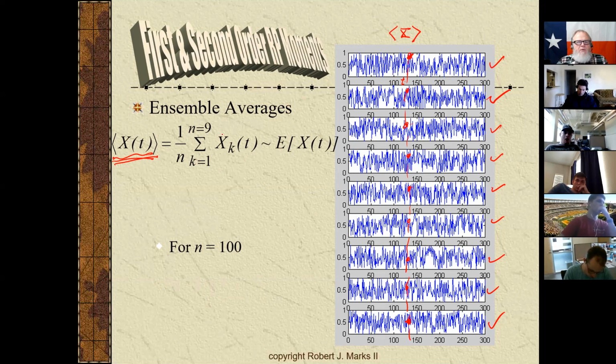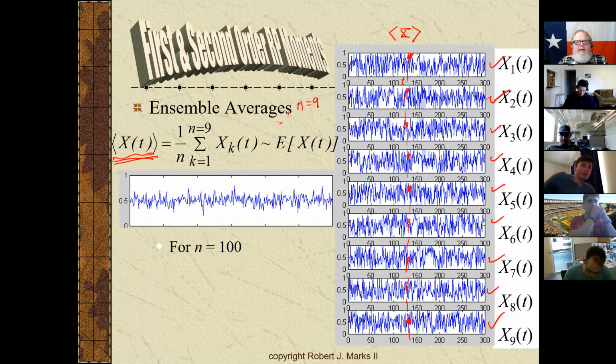But anyway, what we do is say we have 9 values here. So n is equal to 9. So we have 9 examples of the stochastic process. We're going to take them and we're going to average them together. And in doing that, if we average 9, we get this result.